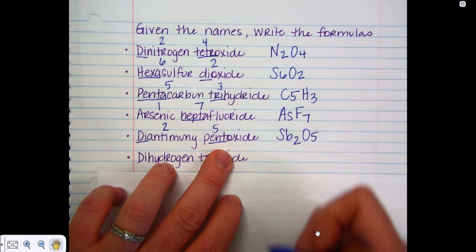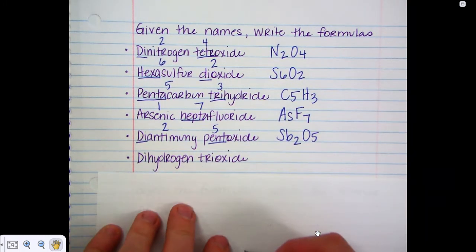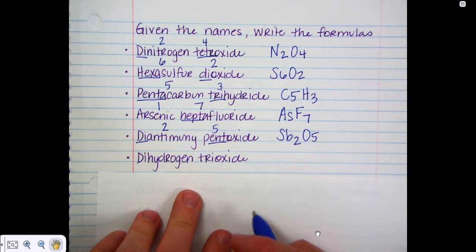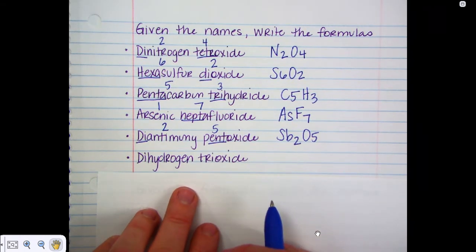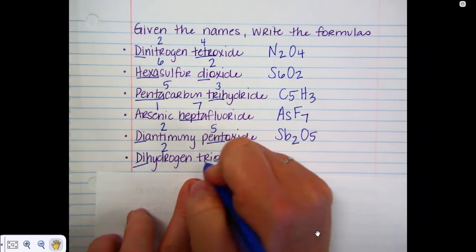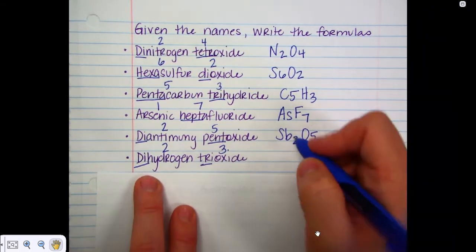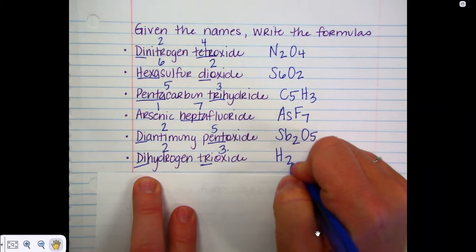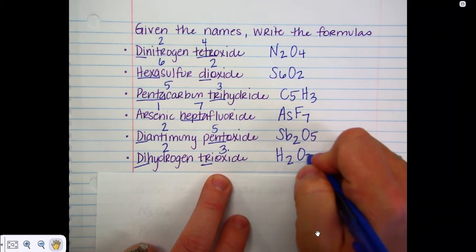All right. And our last one here, dihydrogen trioxide. So di, 2, tri, 3. So I have 2 hydrogens, H2, and 3 oxygens, O3.